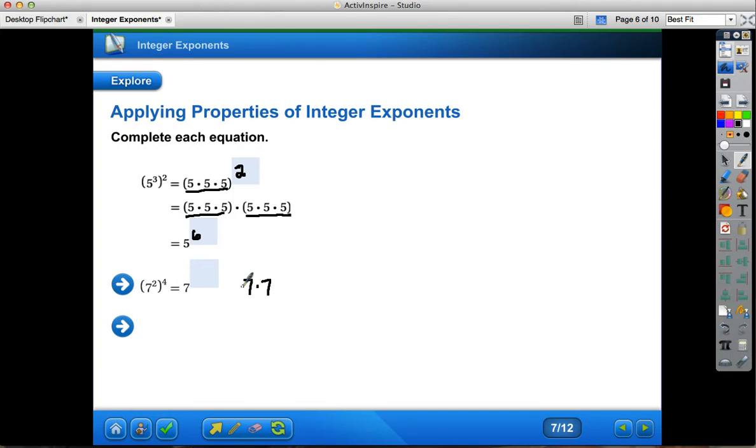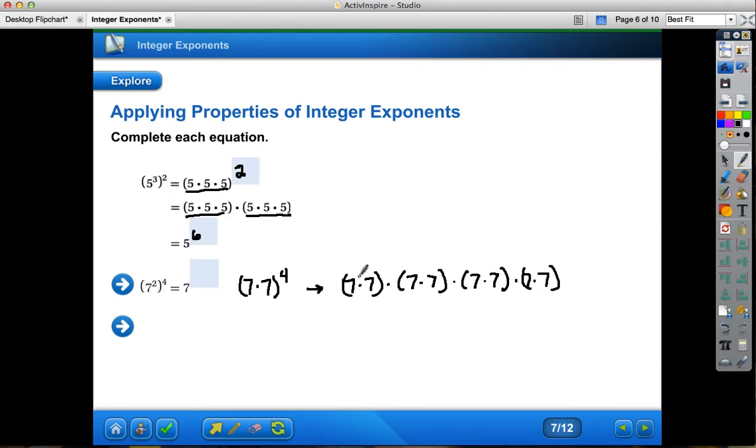7 squared means 7 times 7. And I take that to the 4th power. So now that goes to 7 times 7 times another 7 times 7 times another 7 times 7 times another 7 times 7.